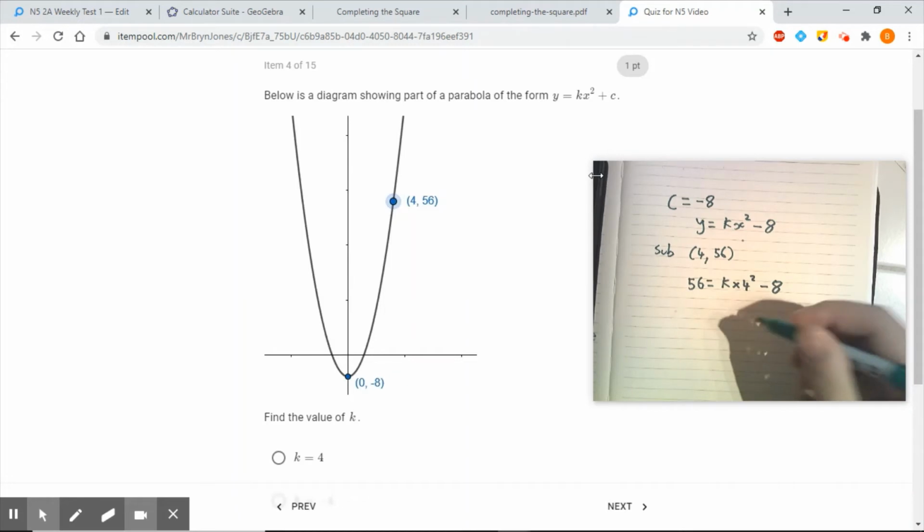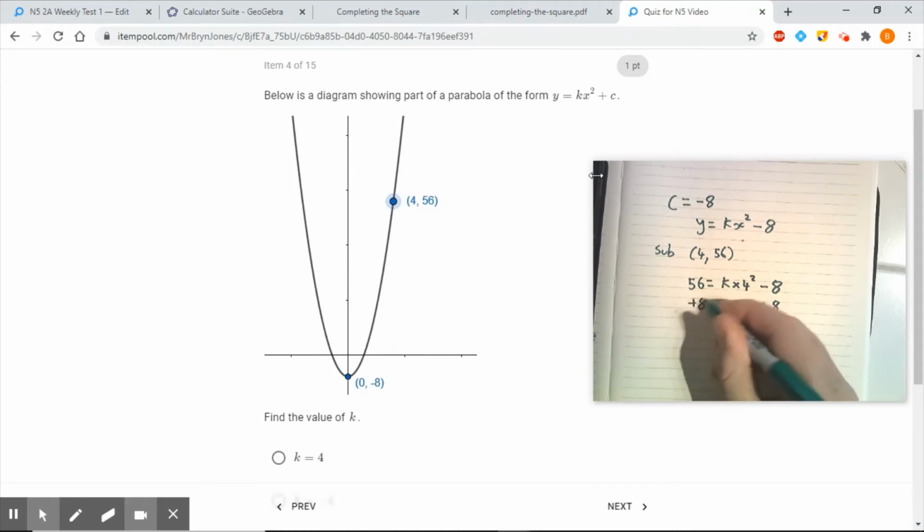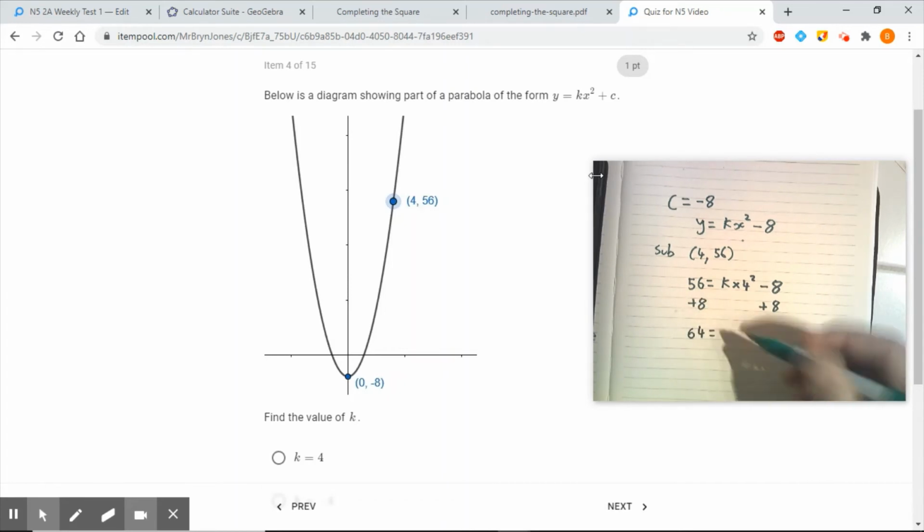So again, how do I solve this? I can simply add 8 to both sides. 56 plus 8 is 64. At this point, I can work out what 4 squared is. 4 squared is 16, so I can write that as 16k. And -8 plus 8 is eliminated, so that's gone.